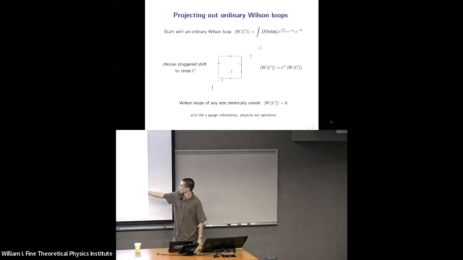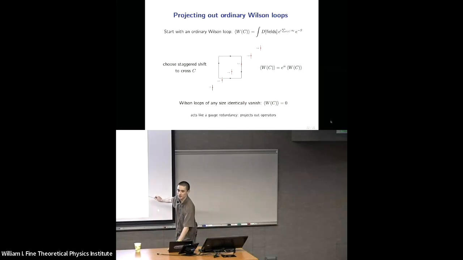Since this leaves the action invariant, we get an equation that says the Wilson loop expectation value is equal to itself times a phase, and therefore it must be identically 0. So this staggered symmetry projects out all of the Wilson lines, no matter how large they are. Even single plaquette Wilson loops are identically 0. This is telling us that this staggered symmetry is some kind of gauge redundancy, projecting out these operators.